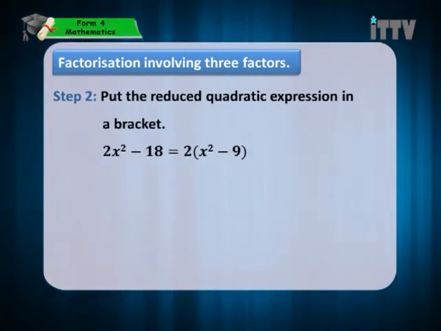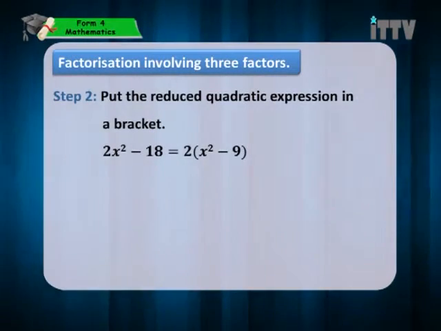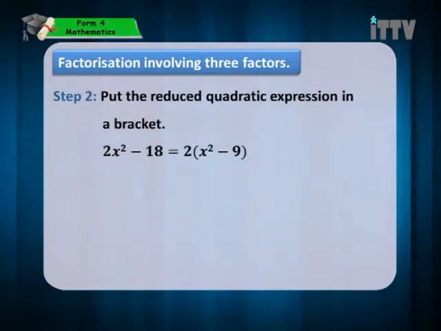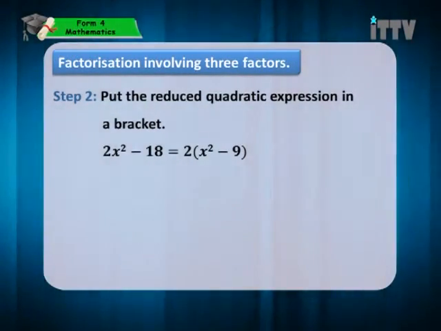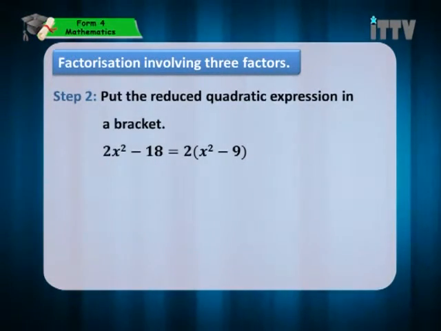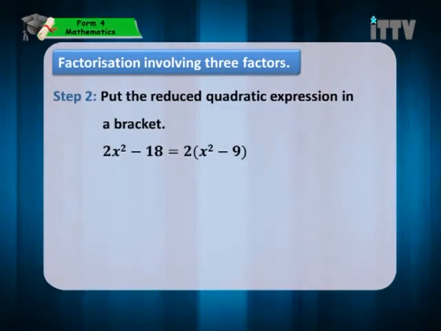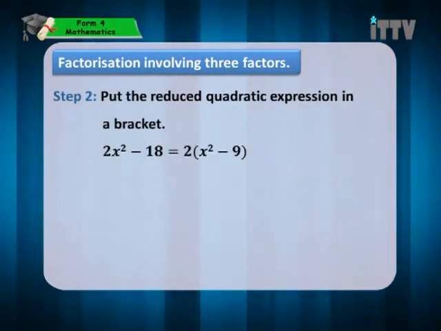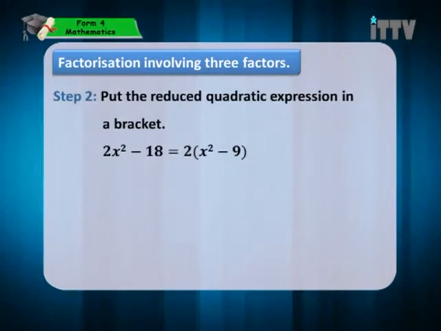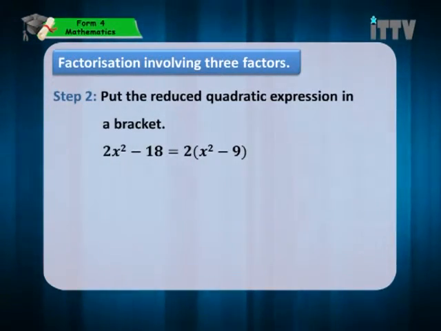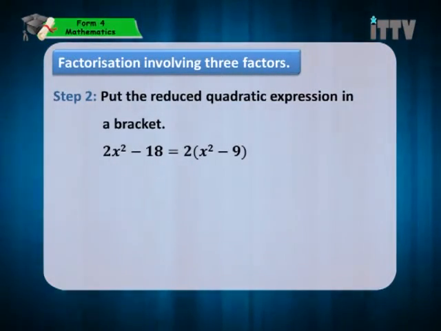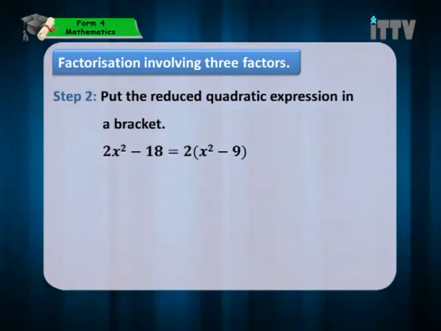So, from 2x squared minus 18, common factor 2, put outside the bracket. What is left after dividing every term by the highest common factor will be x squared minus 9. So take a look there: 2 bracket x squared minus 9.